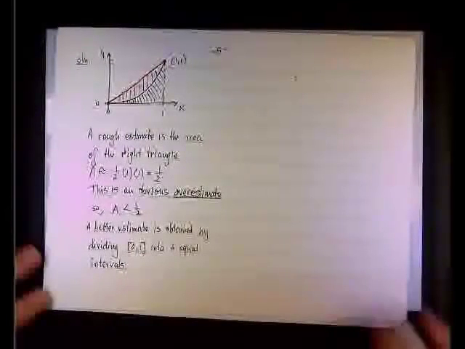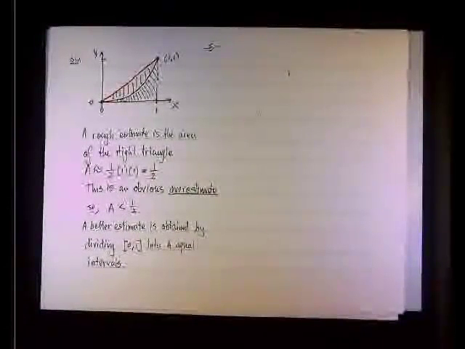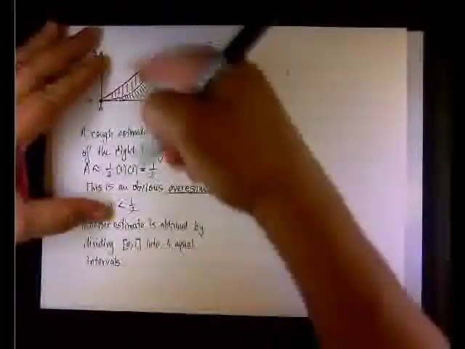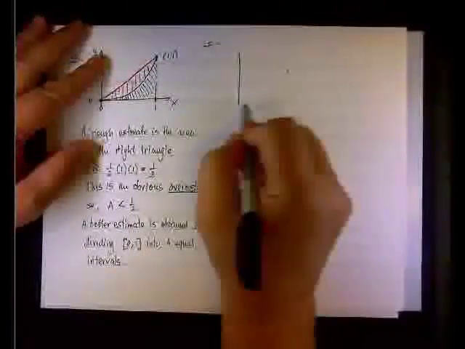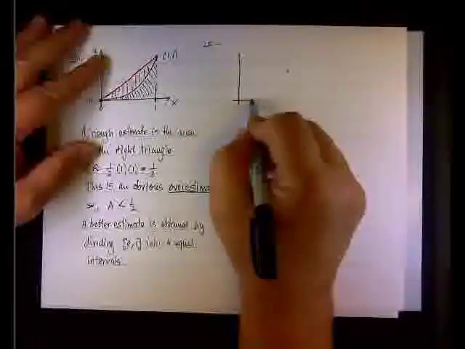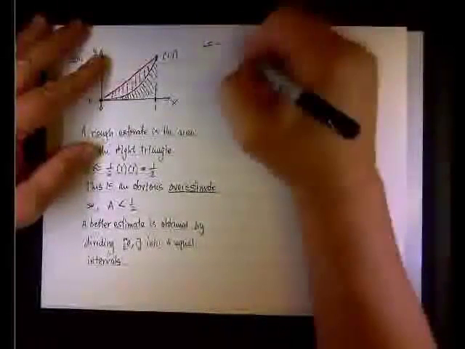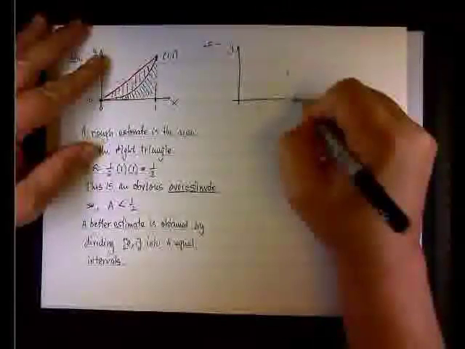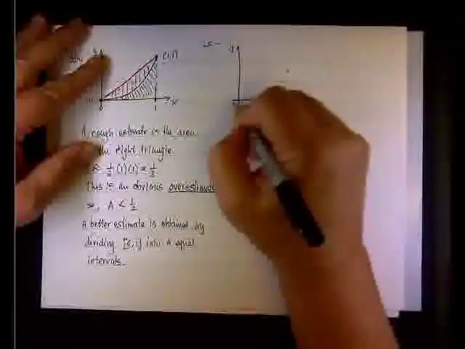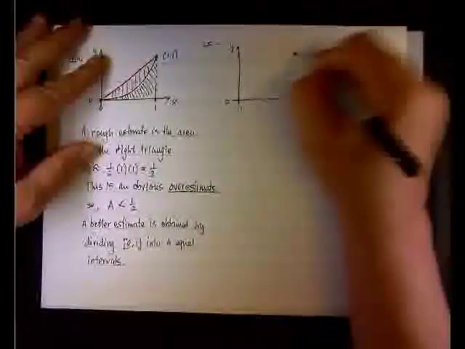So let's visualize it again. Let's sketch a graph that demonstrates it. I can draw it here, but I think it will be too cluttered and it will be harder to follow the technique. So it's better to redraw or resketch. So we go 0 to 1, and we have 1, 1 right here.